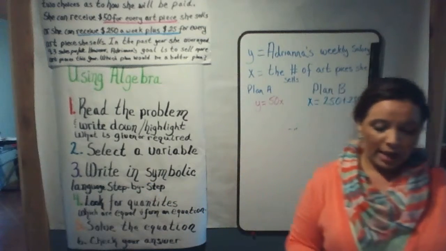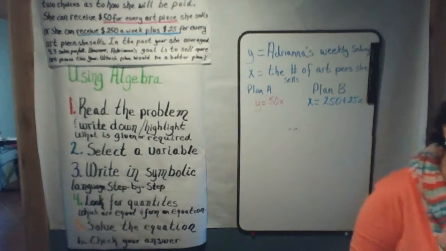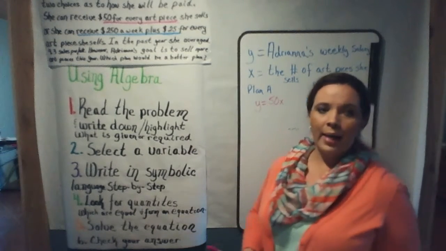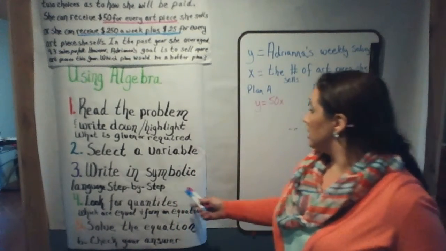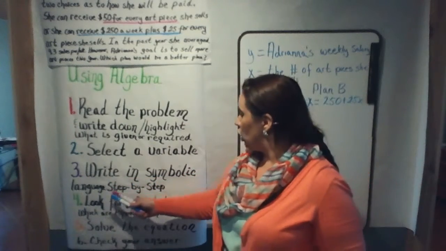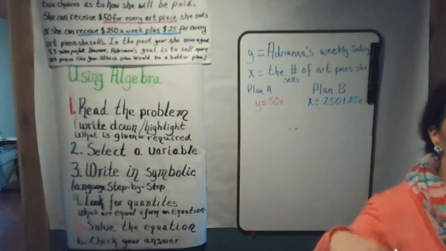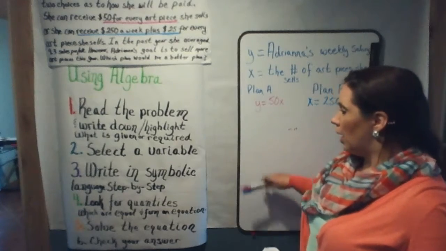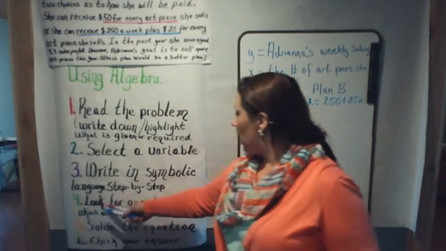Now, if you look at your notes, we have definitions, and a variable is the unknown number represented by a letter. Step 3, write in a symbolic language step by step. When you do these problems, I want you to show me step by step. Don't do half of it in your head and then just do the rest on the paper or vice versa. I want to see all steps.